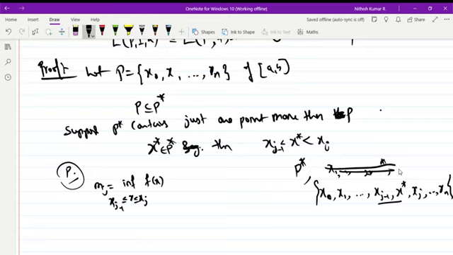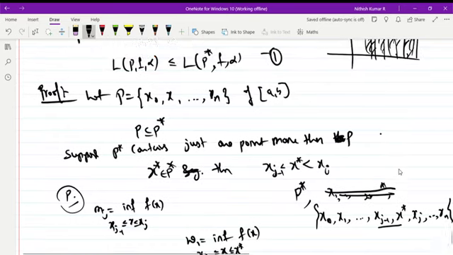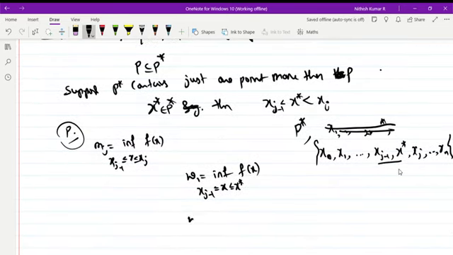Let me denote it by w1. Small w1 is nothing but the infimum of f of x, where x lies between xj minus 1 and x star. And small w2 is again the infimum of f of x, where x is between x star and xj.